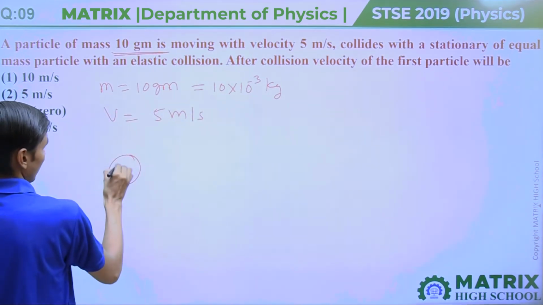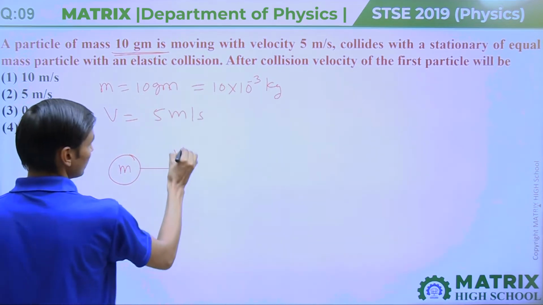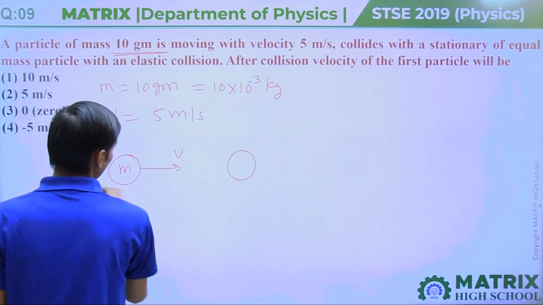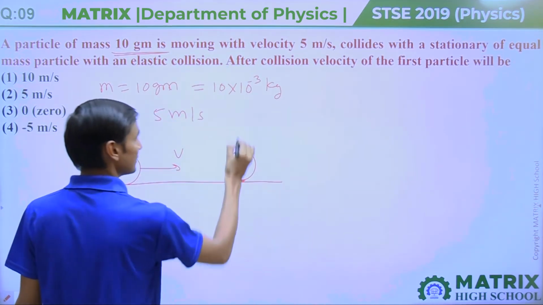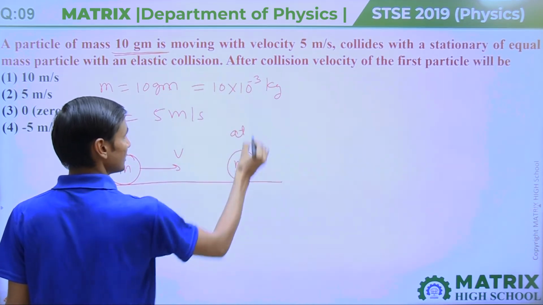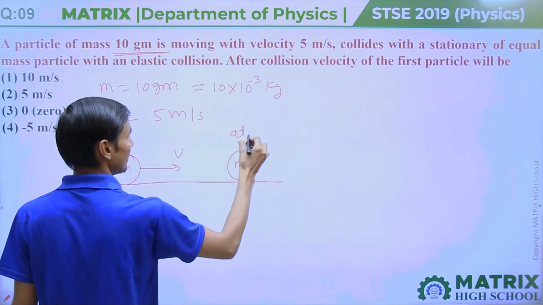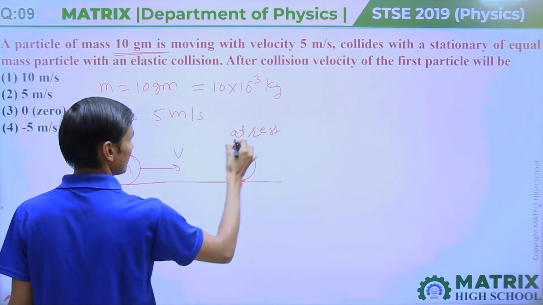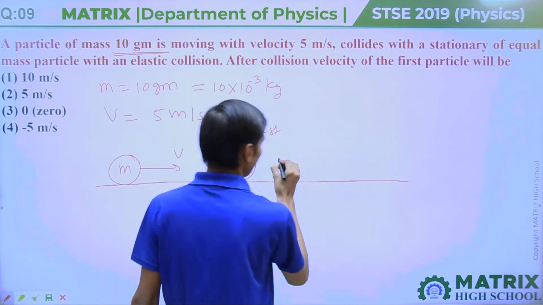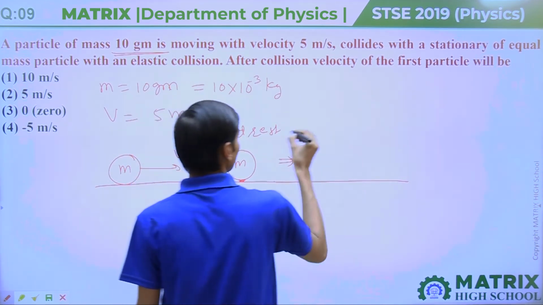A mass m with velocity v collides with a particle of the same mass initially at rest, and it is going elastically.